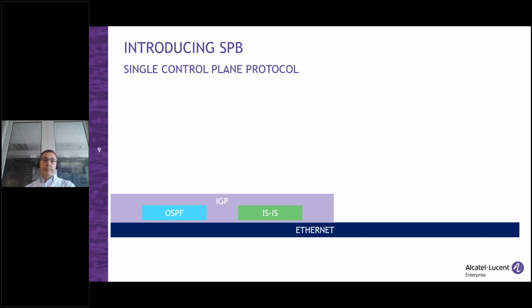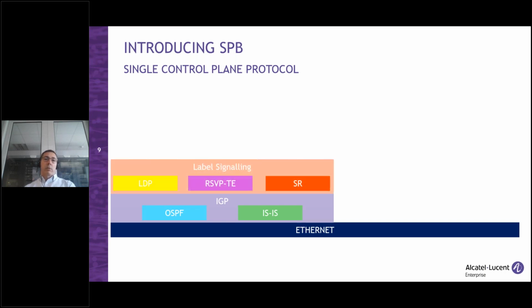We don't need both. Then, with the route tables built by that interior gateway protocol, we need a way of assigning labels to traffic. For that, we use either LDP, label distribution protocol, or RSVP TE, or segment routing. But that only gives you a topology and labels.